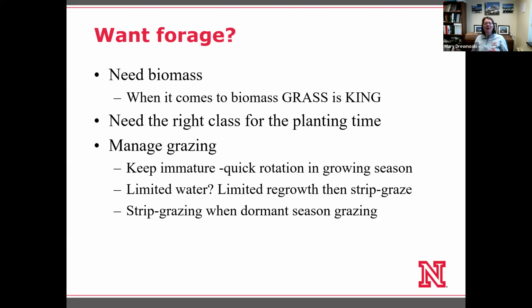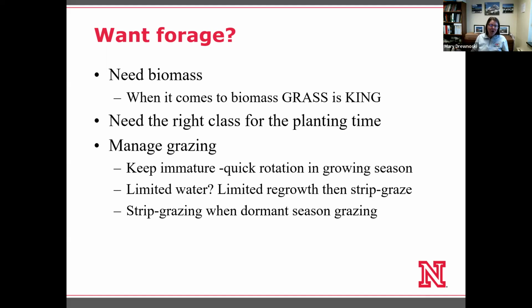And then the last thing, which again, we're going to dive much more deeply into in our future sessions. But as we think about managing annuals, annuals are very, very fast growing, and they're quite different from perennials. And so one of the key things to think about, especially as a nutritionist, is that we want to keep it immature. And so quick rotation during the growing season will actually extend the growing season, because if you keep it immature, you'll get better regrowth, and thus you'll get more productivity.